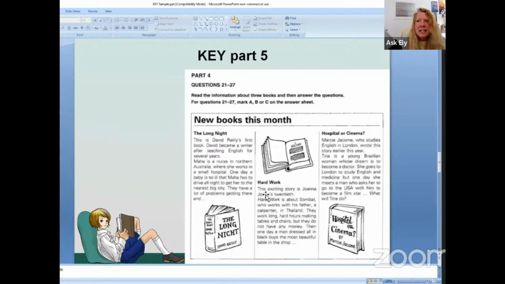The next one says, this exciting story is Joanna Jones's 20th book. 20th? 20 books? Is that a lot? Sounds like it. The next one is Marcy Jacomb, who studies English in London, wrote this story earlier this year.